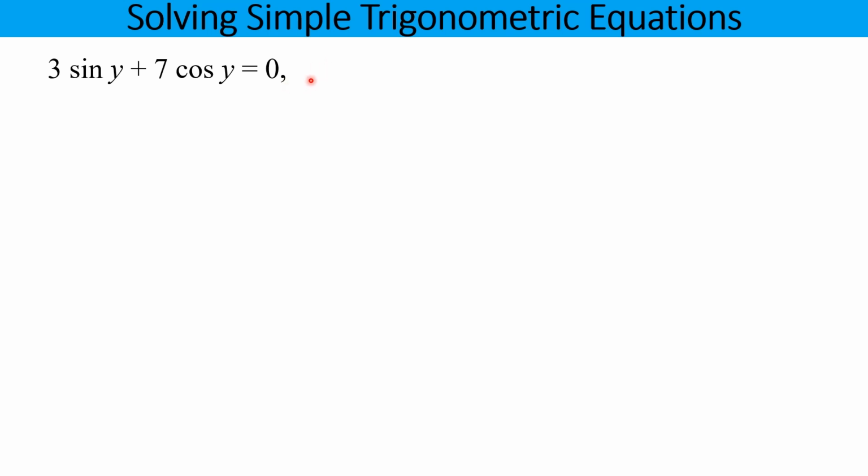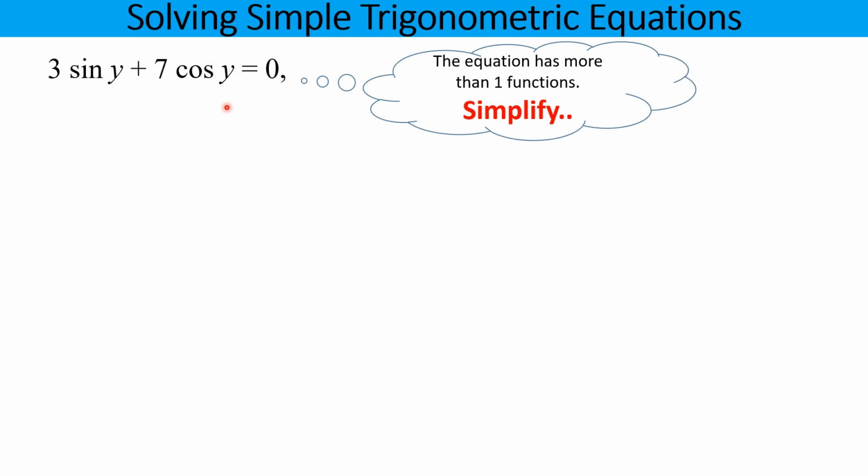Over here, what you see is that we have two functions: sine y and cosine y. Now, bear in mind, when you solve trigo equations, there should not be more than one function. Over here, there are already two functions. So what we need to do is simplify them first before we can start to solve. How can we simplify? We already know the relationship between tangent and sine and cosine.